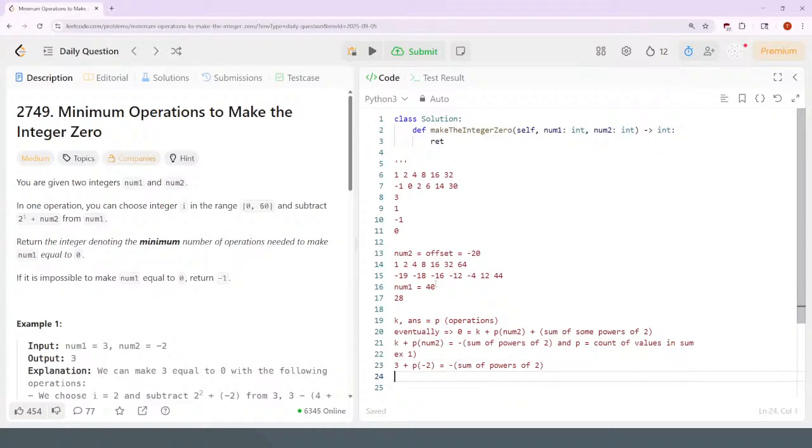So if p is 3, 3 times -2 is -6. 3 plus -6 is -3, which is equal to the negative of 1 plus 1 plus 1.